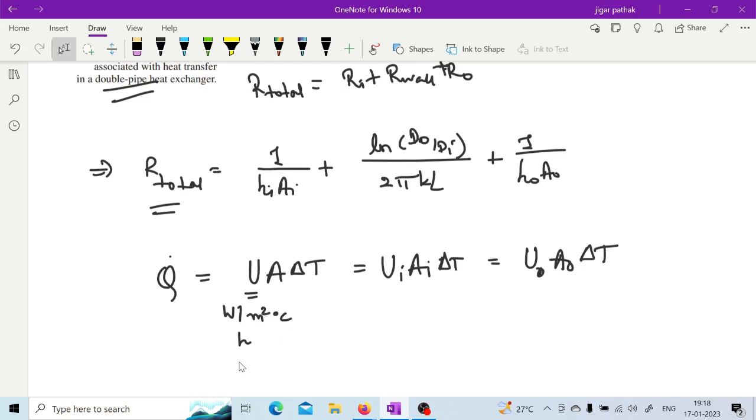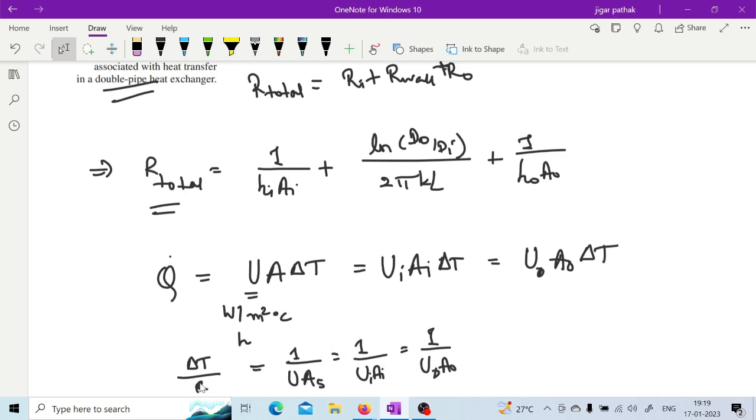Now, as you know, Q or the heat transfer can also be represented as the temperature difference upon the resistance, right? And this delta T by R is nothing but U A delta T, so R is 1 upon U A. Then 1 upon U A can be represented as 1 upon U_i A_i or 1 upon U_o A_o, right?